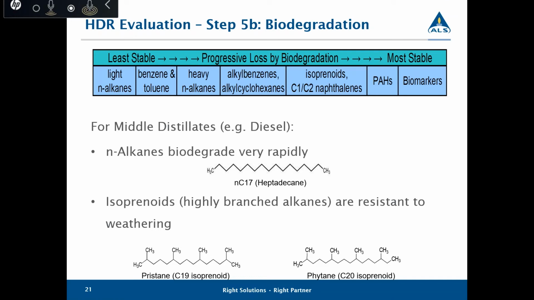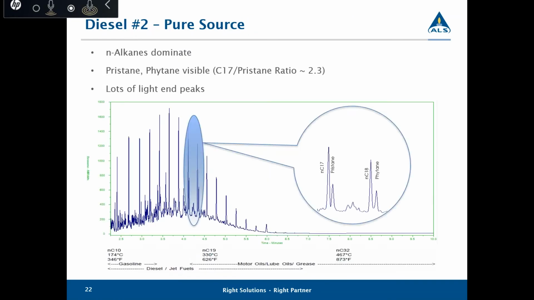So for the middle distillates like diesel, the N-alkanes will biodegrade very rapidly. And the highly branched alkanes like isoprenoids will be more resistant to weathering. And this is a typical example of a chromatogram of diesel from a pure source, where you can see the N-alkanes dominate, and you can see the very good separation of the peaks of pristane and phytane.